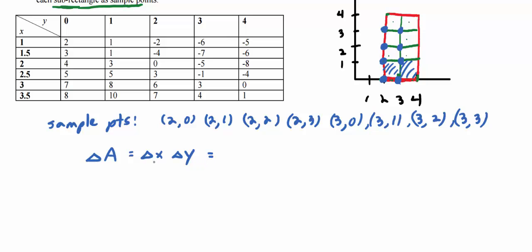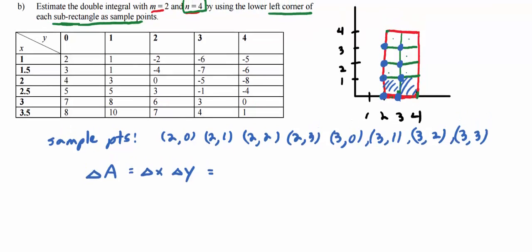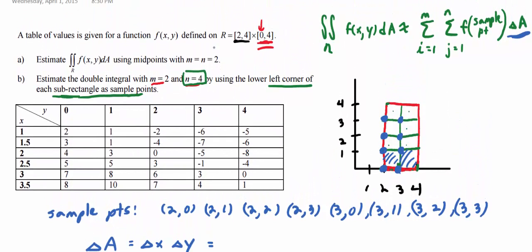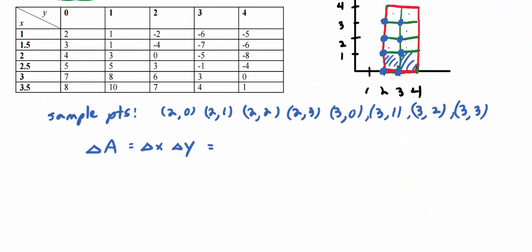How do you find delta x? Well, you take the right endpoint of the x-axis interval, 2 to 4, so you take the 4 minus the 2 and divide by the number of subintervals, just like when finding delta x in Calculus 1. So 4 minus 2 divided by 2 subintervals.